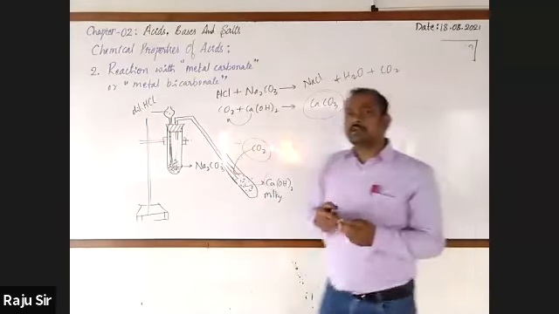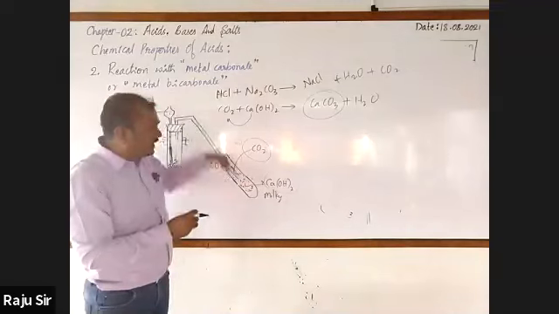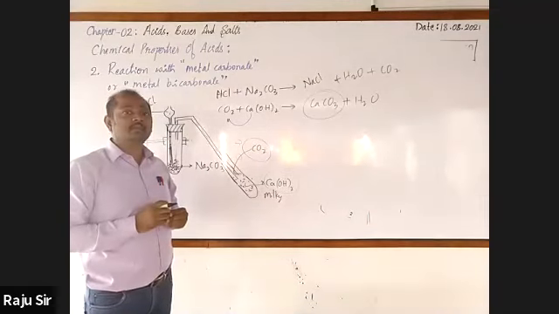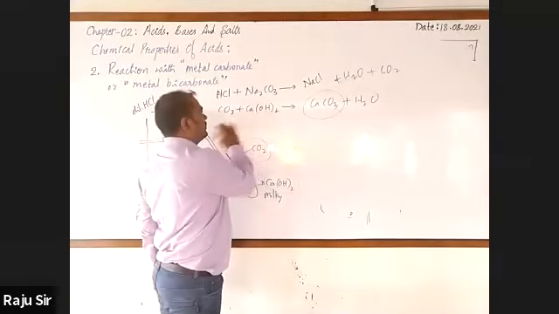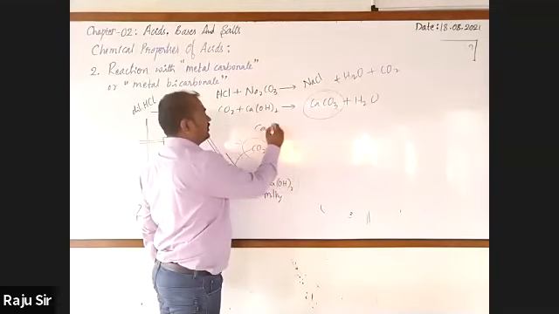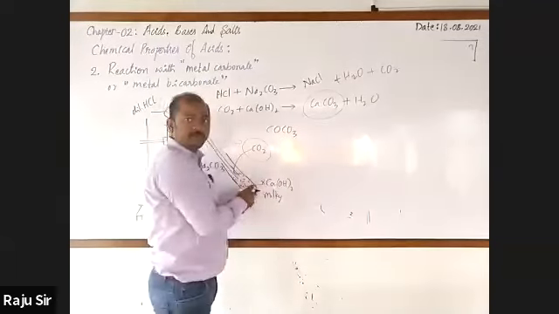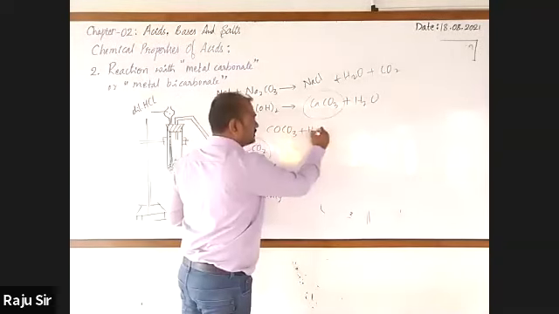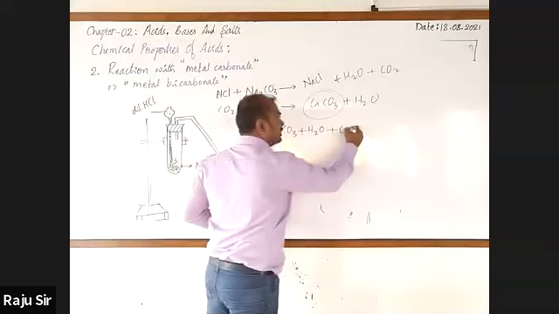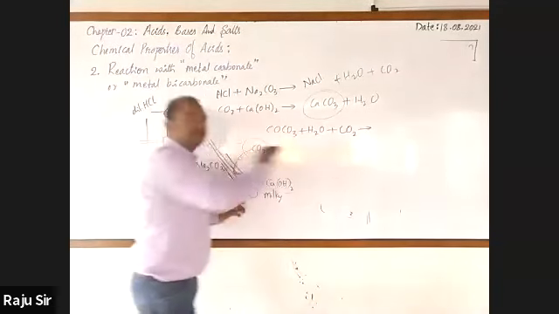Now let us continue. Continuously pass carbon dioxide into this. What happens? It will lose its milkiness, sir. Now we have calcium carbonate, CaCO3, and water is there. But still we are passing carbon dioxide continuously.